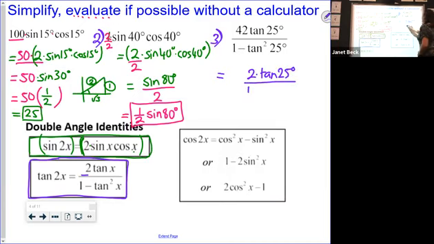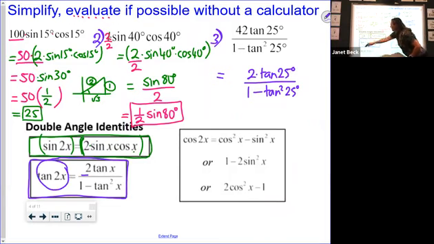I want this in my work, because when I see this in my work, I can replace it with this. But we didn't have 2 at the front there. We had 42.